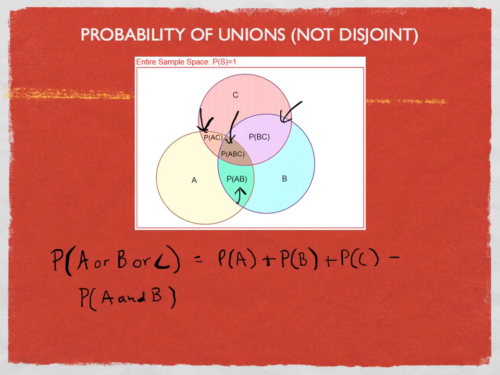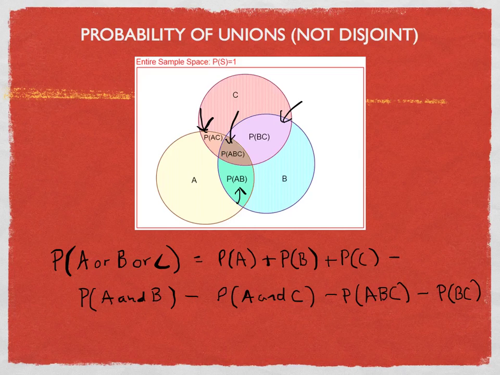And also subtract out where probability of A and C occur. And the probability of B and C occurring. And that will give me the probability of either A or B or C.